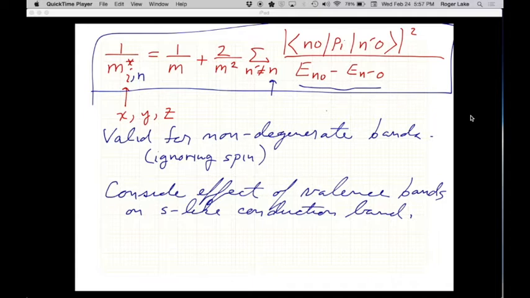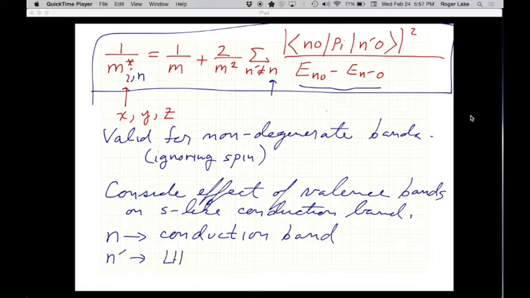So to do that, in our expression up there at the top, we're going to let N be your conduction band, and N prime is going to be your light hole, your heavy hole, and your split off bands. So now you know explicitly that the sum over N prime just means we're summing over the light hole, heavy hole, and split off bands. And N is your conduction band.